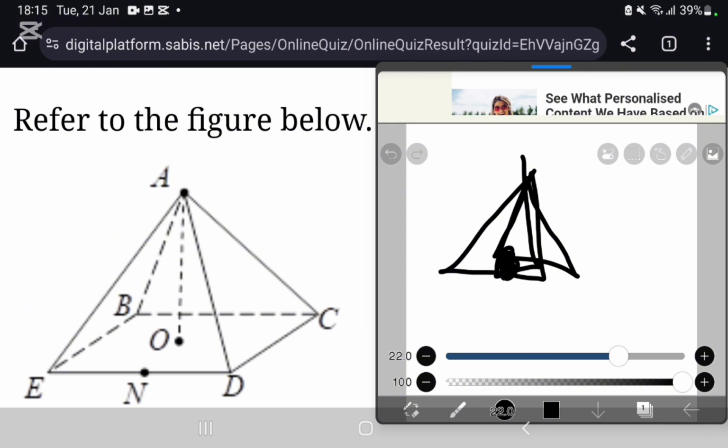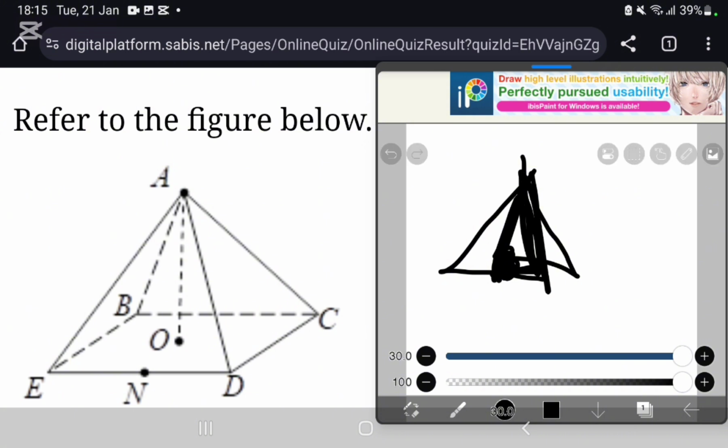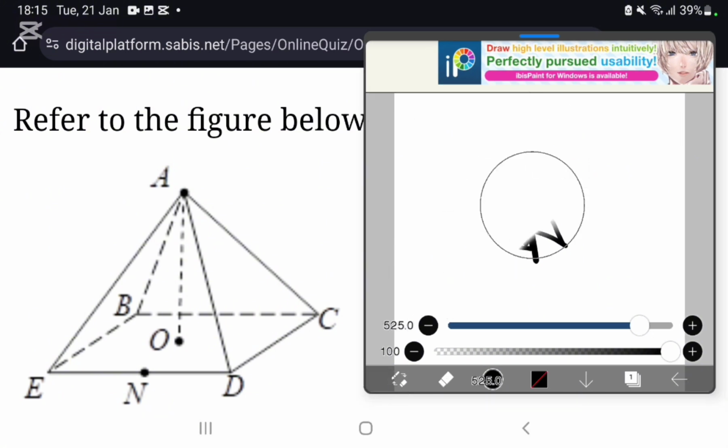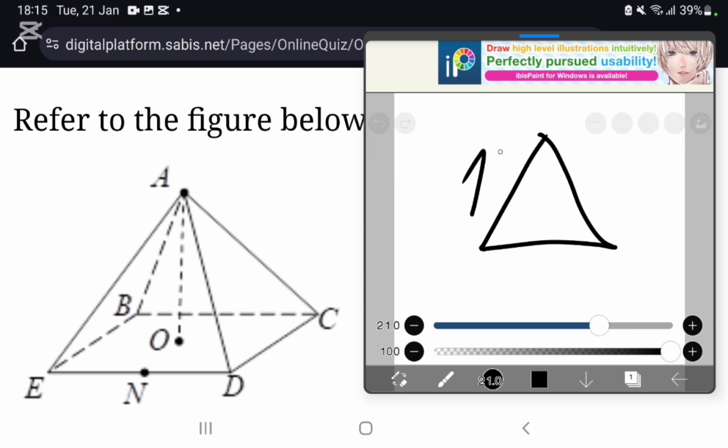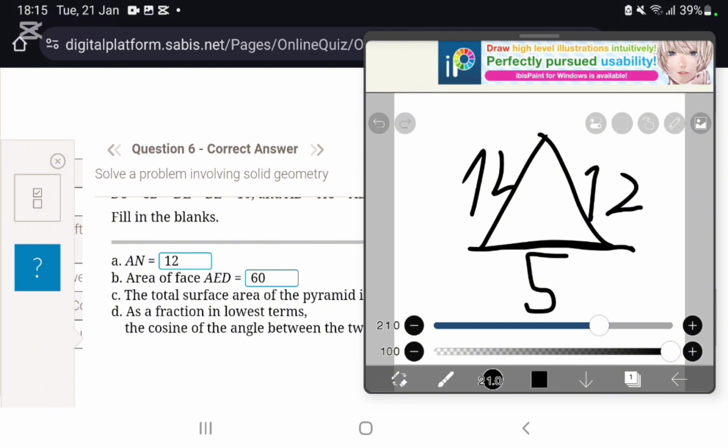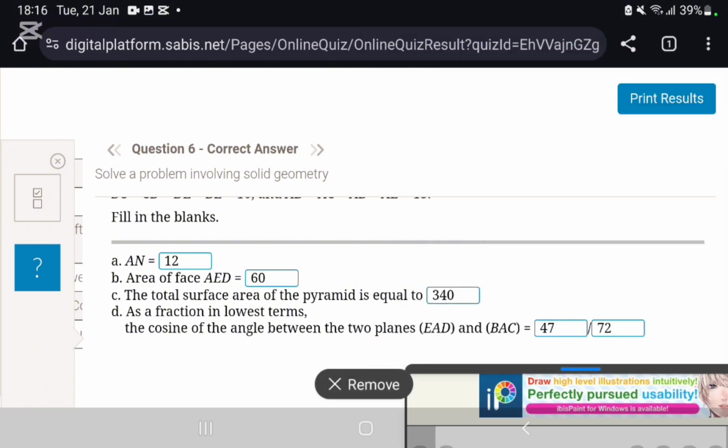And to find this angle, we need the triangle in between, which I'm gonna highlight here, this one. Okay, so to find this triangle, we're gonna need all of the sides. The sides we have are 12, which is AM, 12 because they're equal, and then this part, which is the diagonal of the square, which is 5. Okay, really good.